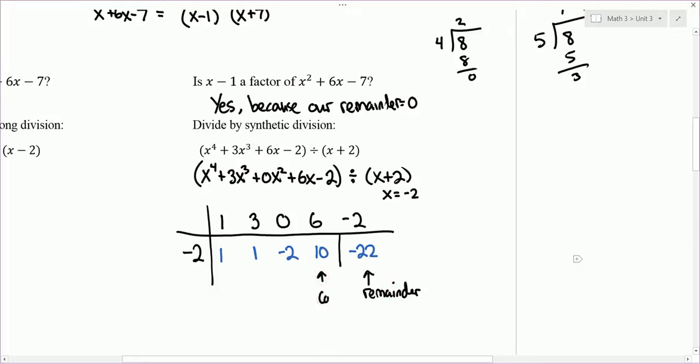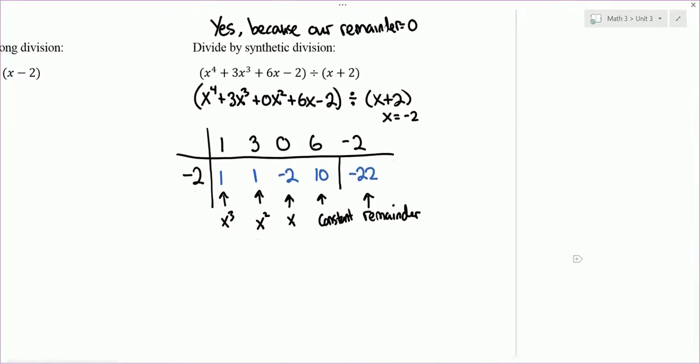Ten is your constant, so no x. This is your x term, this is your x squared term, this is your x to the third term. So what happened here is we divided and we ended up with 1x to the third plus 1x squared minus 2x plus 10 with a remainder of negative 22.